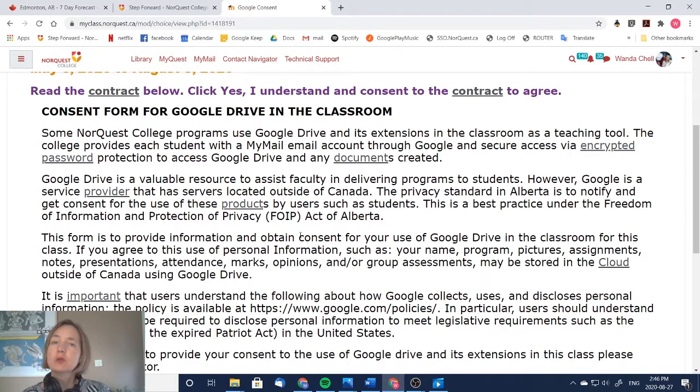But we need to let you know that Google stores its information not in Canada, but in the United States. And in the United States, they might have different privacy laws than in Canada. And so we are letting you know or reminding you to be careful with what you store in your Google account and to be thinking about privacy when you store things in your Google account.